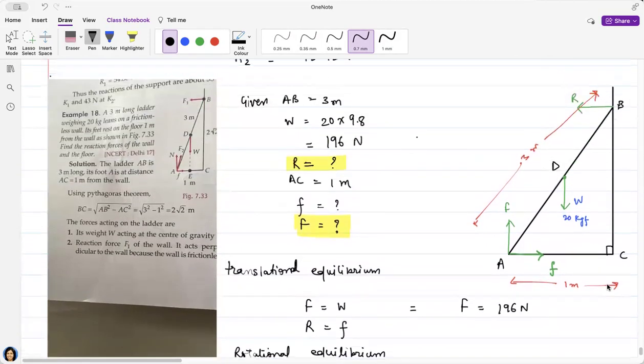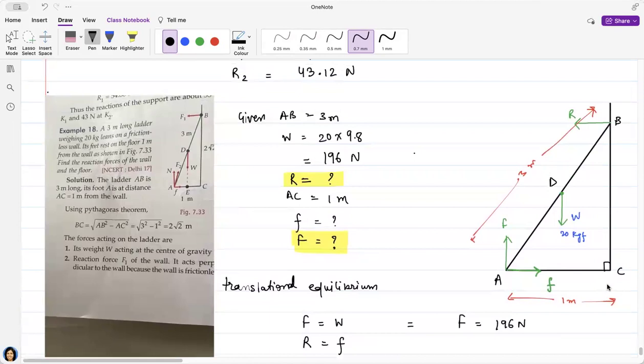Now, in rotational equilibrium, you can take any point, but I will try and take a point on which the maximum forces are acting so that I don't have to make the number of components more. I just took point A because here there is F, the normal force, and here there is small f, the frictional force.